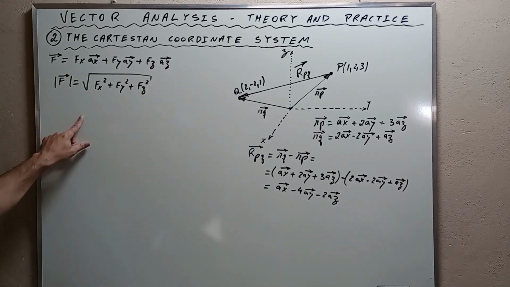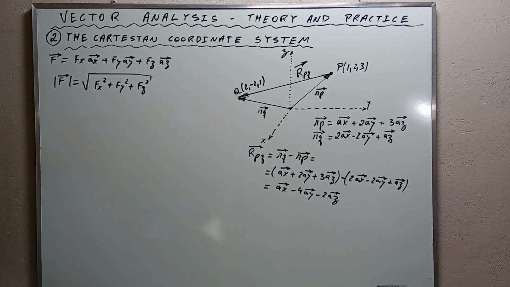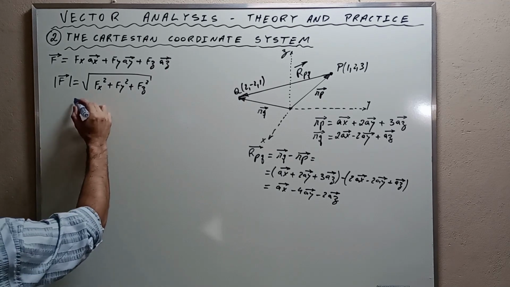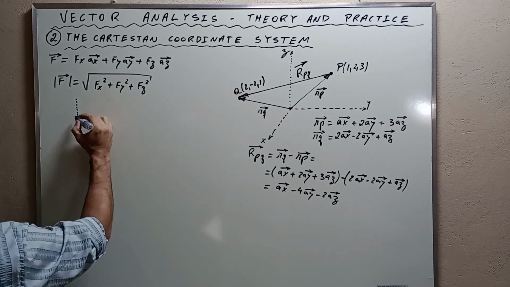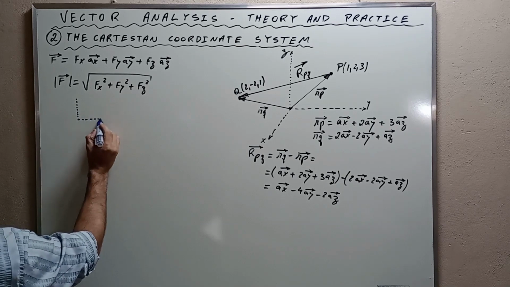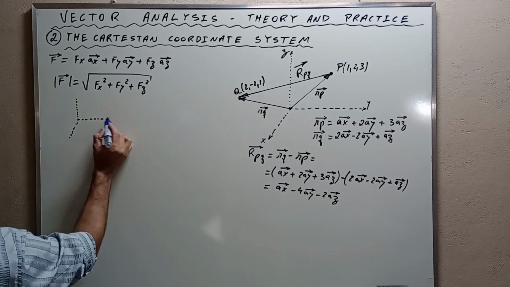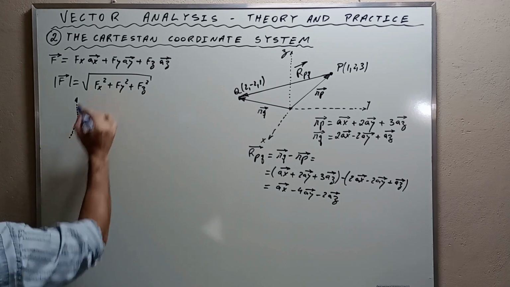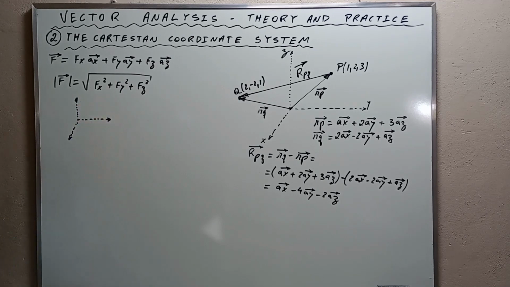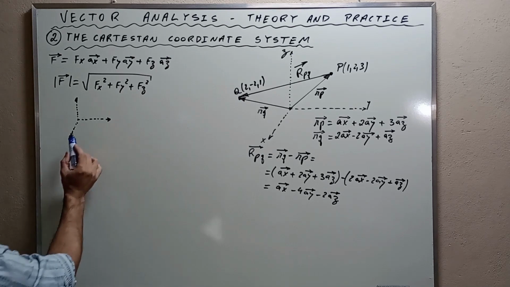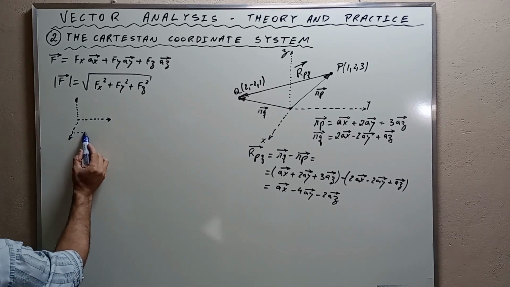This is the magnitude of the vector, and the direction can be obtained in such a manner. Let's take a look at the Cartesian coordinate system. You want a vector such as this.